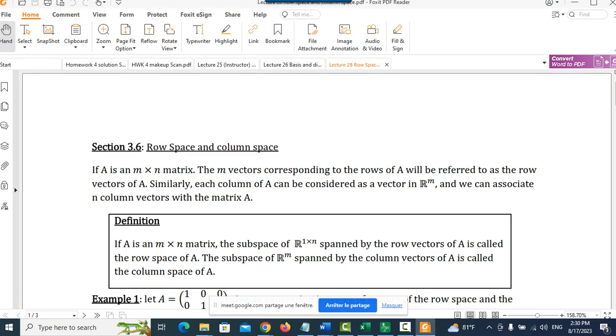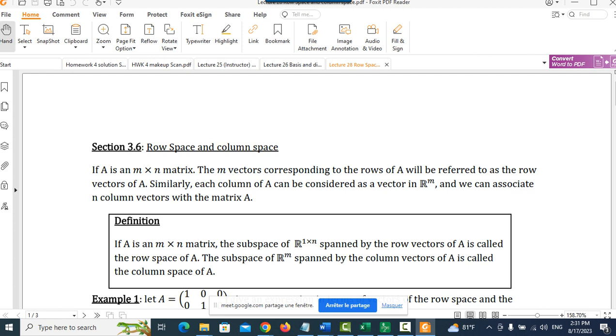So here, row space and column space. If A is an m by n matrix, the m vectors corresponding to the rows of A will be referred to as the row vectors of A. Here m represents the number of rows, n represents the number of columns.